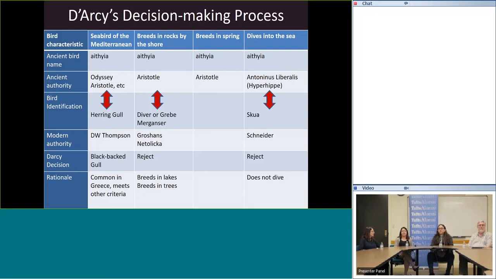And Aristotle basically says that it nests in the spring and on the rocks by the shore. So basically, that's the first column that you see here on this beautiful chart. And so this identification was made basically on the basis of two ancient texts.